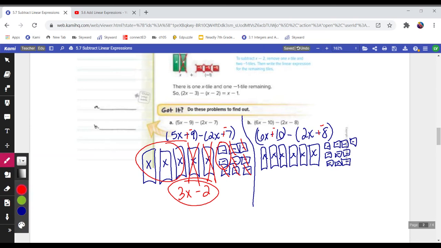From here, I want to take away 2x, and then I want to take away negative 8. That leaves me with the quantity 4x minus 2.